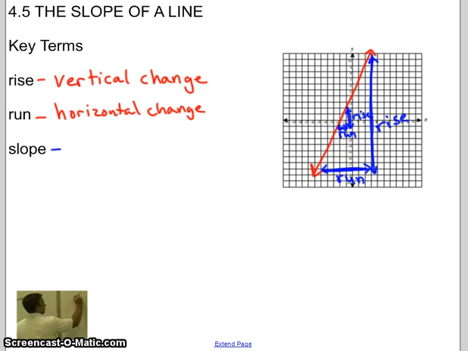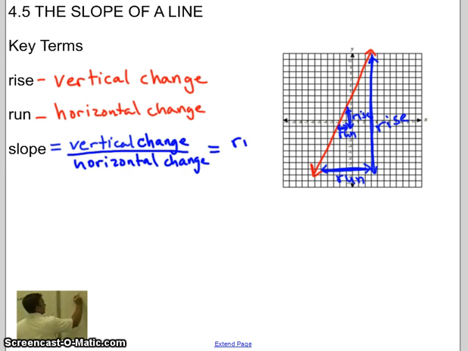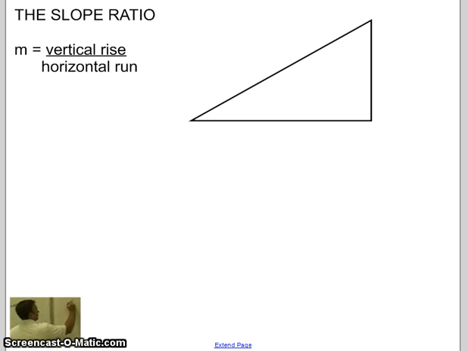Okay, so slope is its vertical change over its horizontal change. Or quite simply, rise over run. Slope is rise over run. Okay? So the slope ratio, vertical rise to horizontal run.